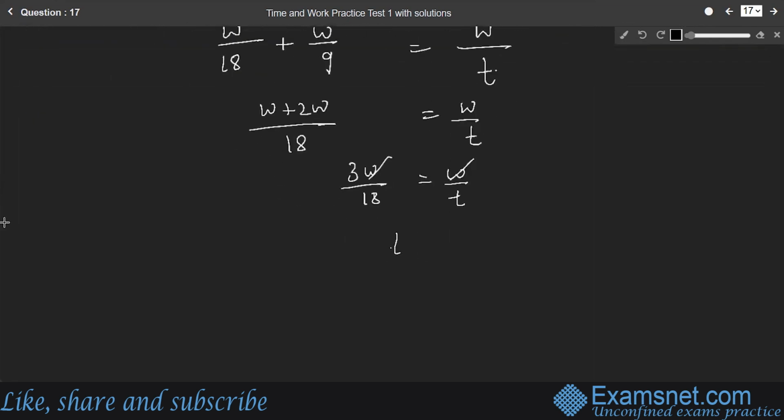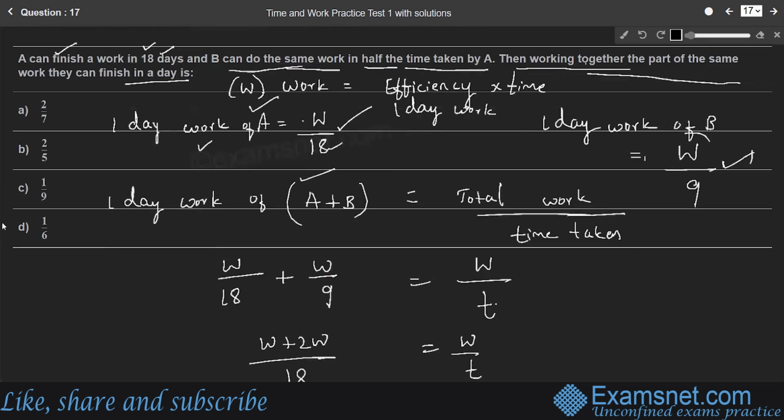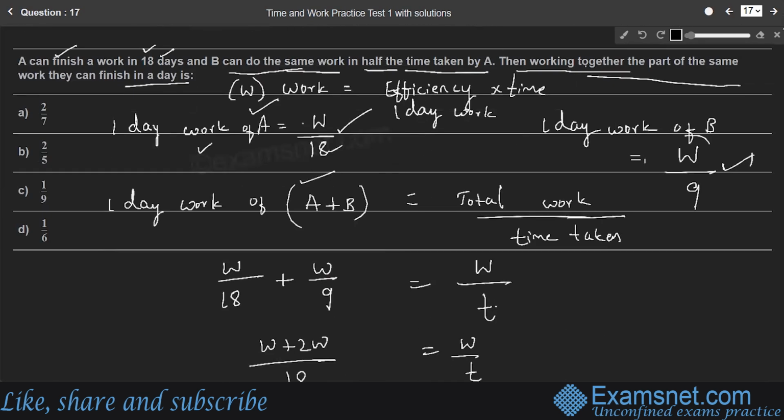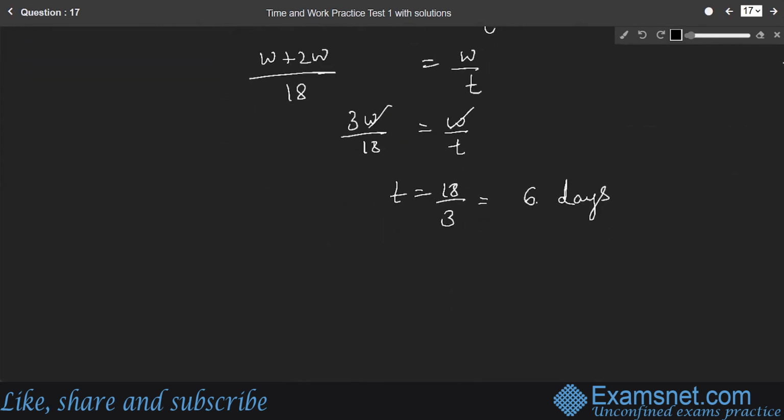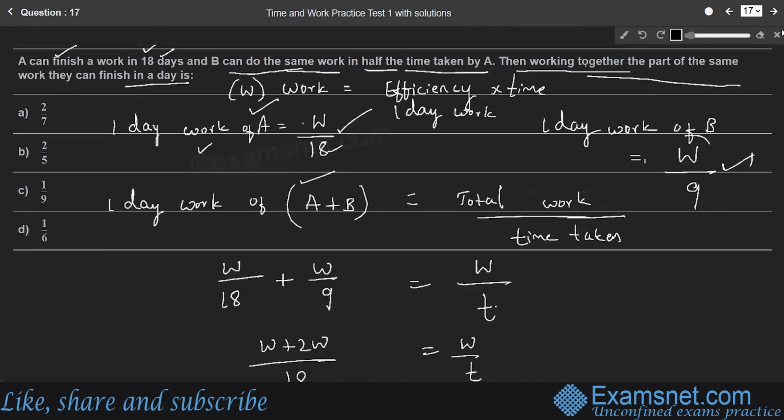So T is equal to 18 by 3, which is equal to 6. The unit is days. So T is 6 days of time to complete.